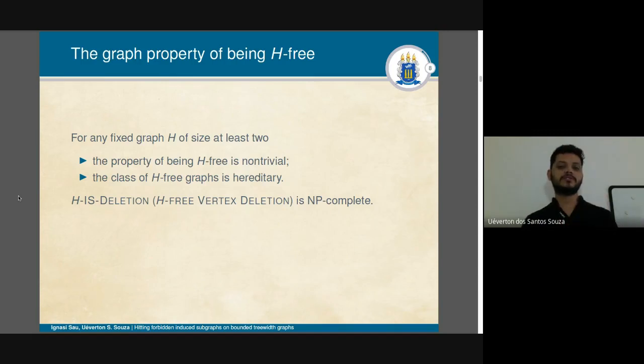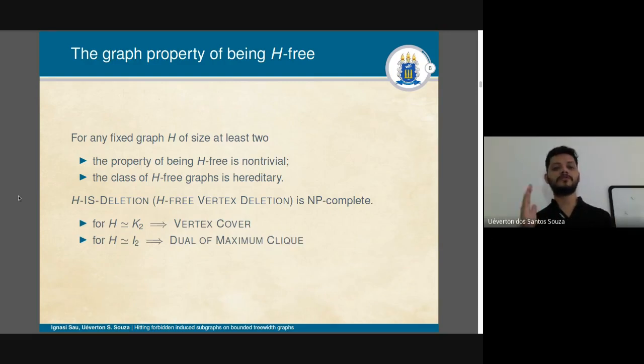The non-triviality happens for any H with at least 2 vertices. Then the problem H-induced subgraph deletion is NP-complete for any graph H with at least 2 vertices. In particular, if H is isomorphic to K2, then we have the vertex cover problem. And if H is isomorphic to an independent set of size 2, then we have the dual of maximum clique.